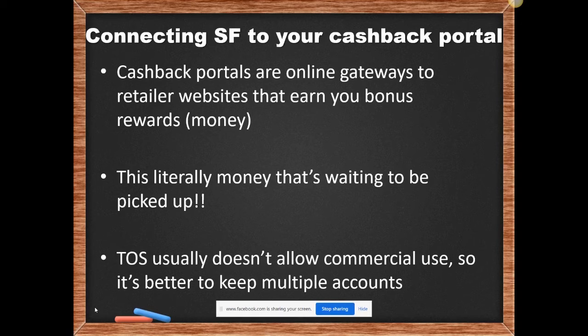So for example, for Amazon, we use a cashback portal called befrugal.com, and they can give you up to 6%. I mean, that's a lot. So let's say the average is 4%, and that's on the back end, that's the back end profit.